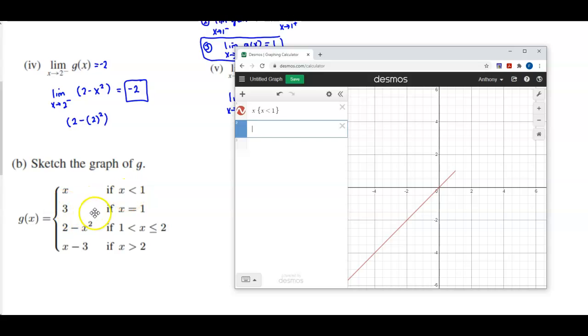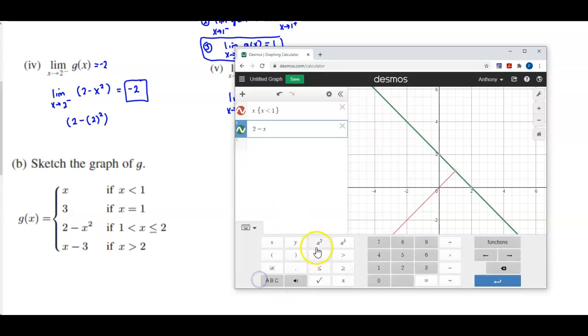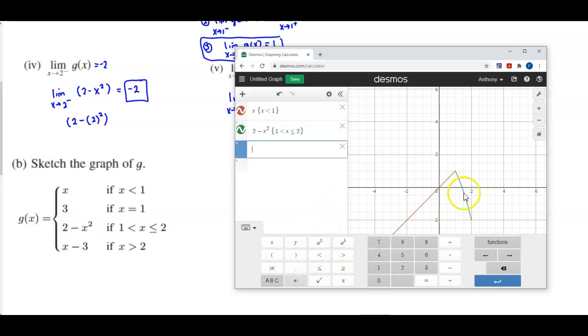Then we're going to be able to plot this point when we copy the graph. The next function we're going to put in is 2 minus x squared, and the restriction is the following: we have 1 less than x, and that's less than or equal to 2. So there is our other piece.